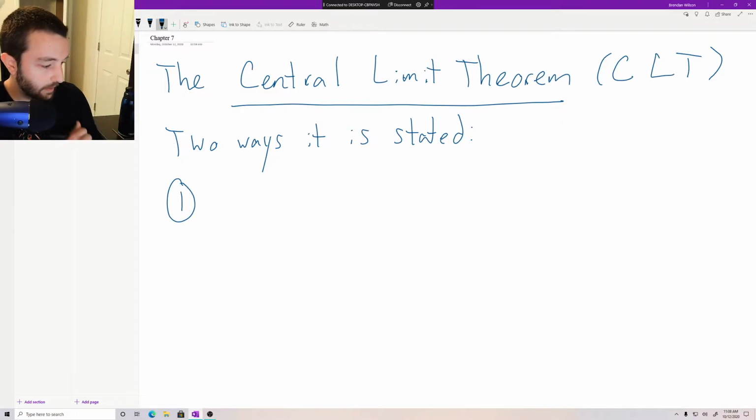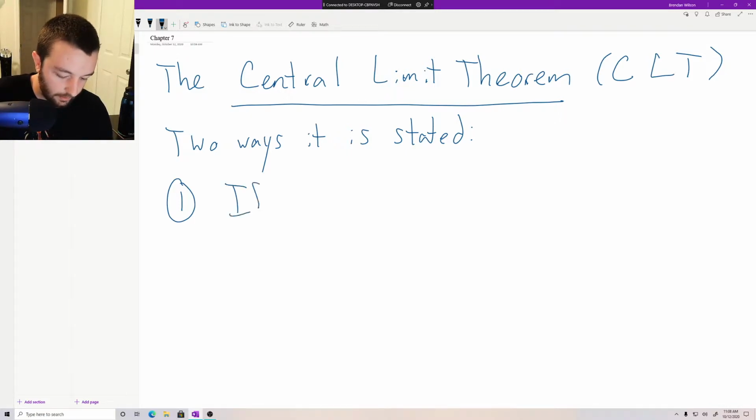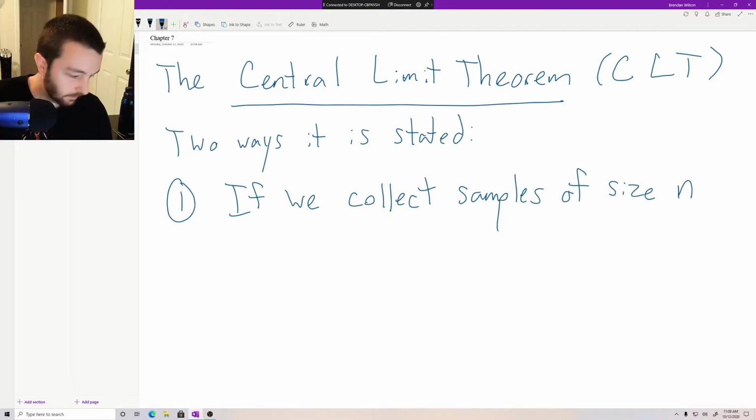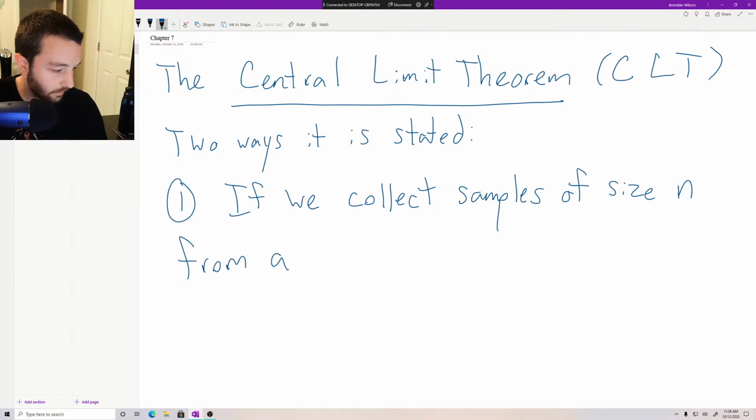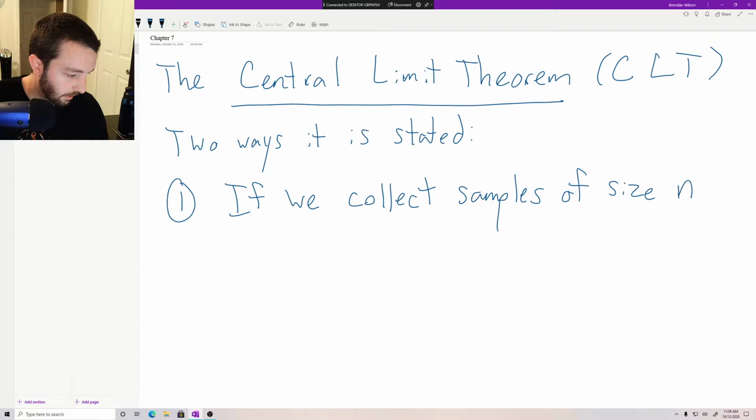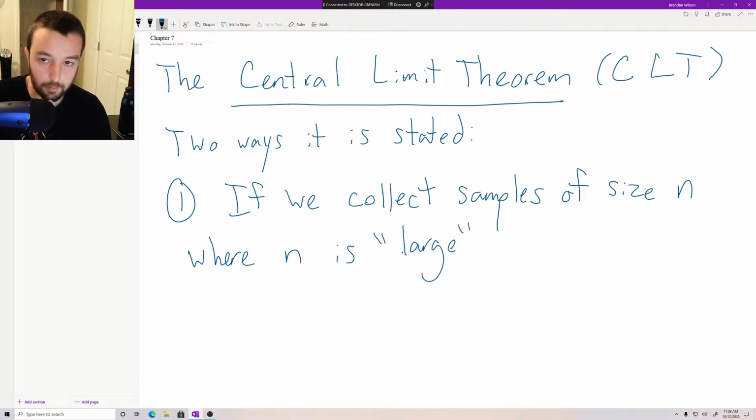So the first way we could think about this is if we collect samples of size n, okay, so our sample size is n from a population, where n is large, putting this in quotes because it's a little ambiguous, right?